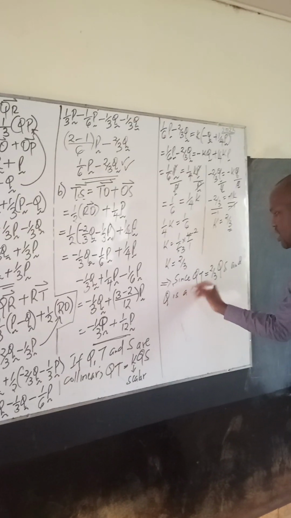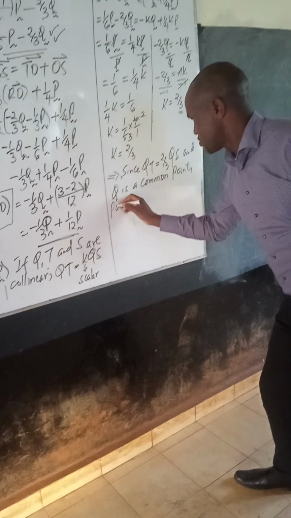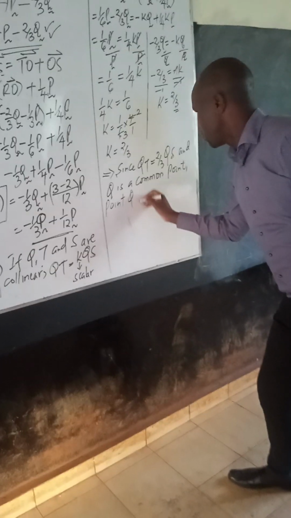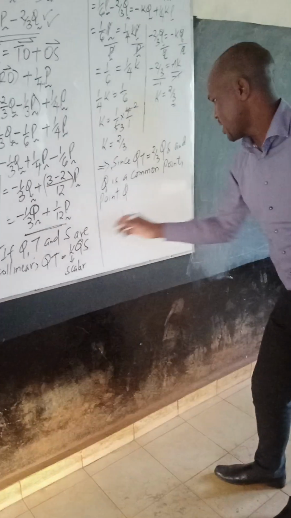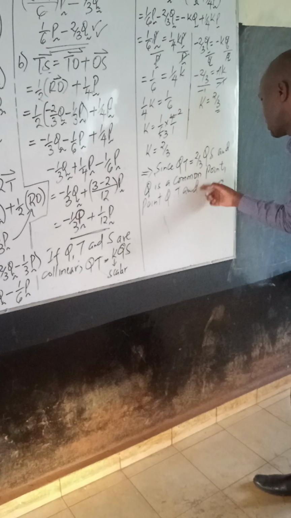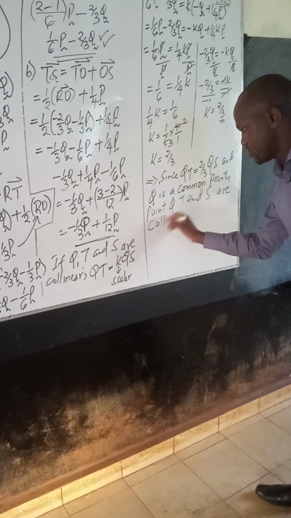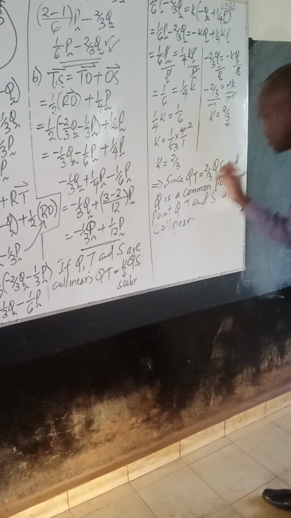Q is a common point, therefore points Q, T, and S are collinear.